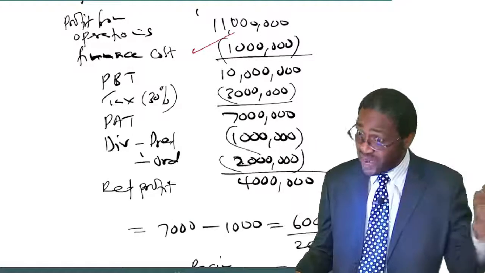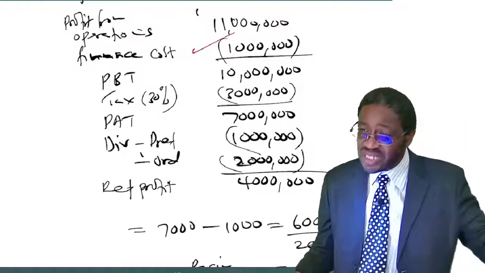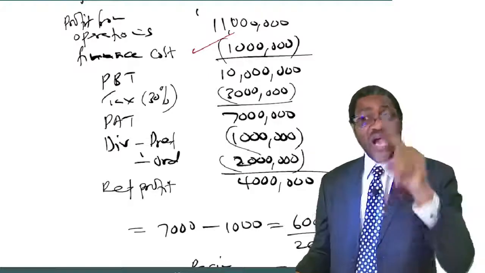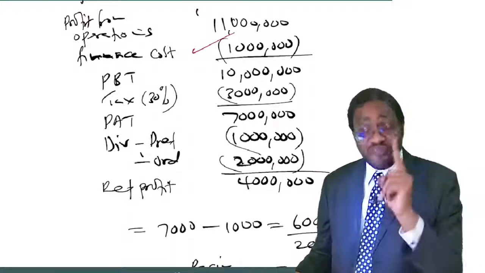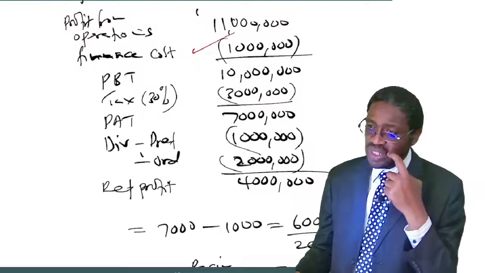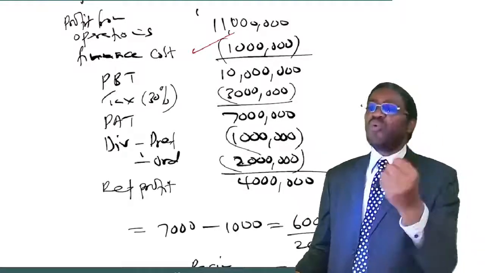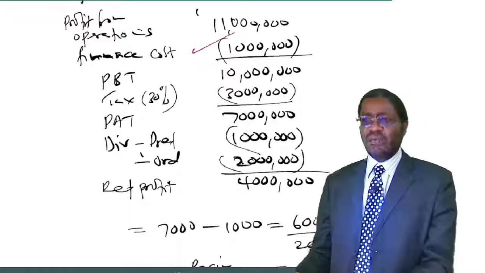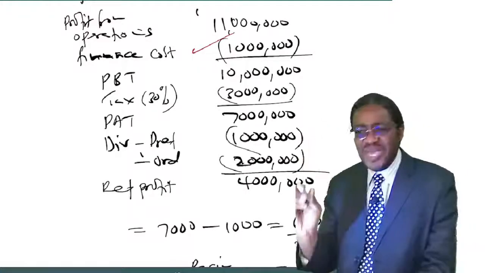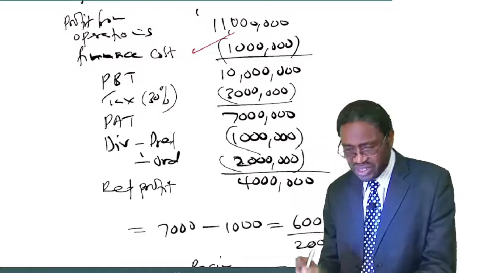Had they converted maybe last year or when we issued the debenture, in the current year we as a company would not have paid them that extra 1 million that we paid them this year. So we would have saved it. Meaning therefore, what would have been the profit after tax?